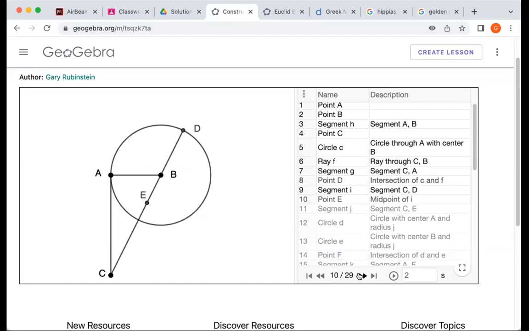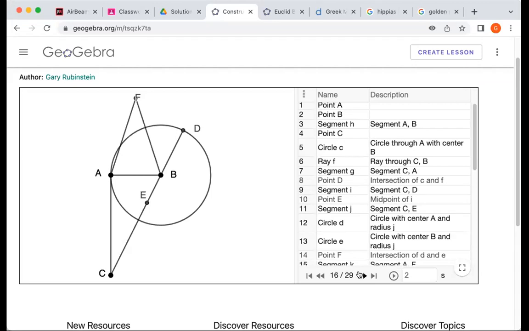It's called E in this one. So now I have a line segment, CE, that is 1 plus square root of 5 over 2, which is the golden ratio. That's right. And then they use that to create a golden triangle.